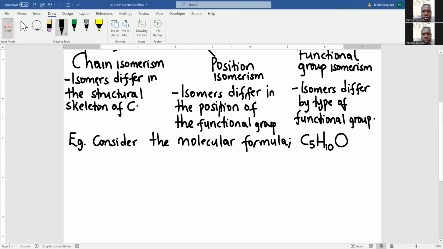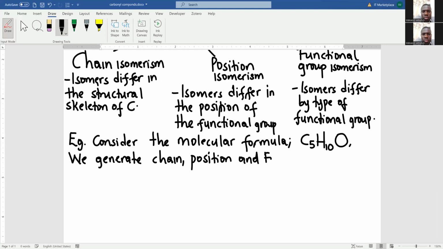So consider this molecular formula, then we generate chain, position and functional group isomers.